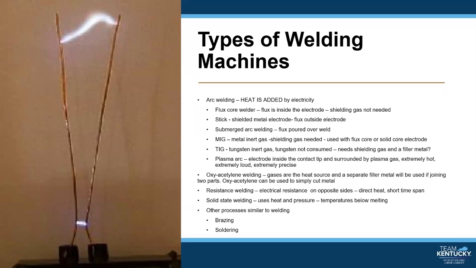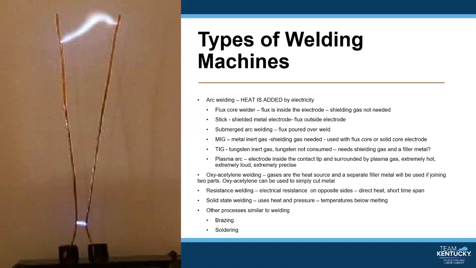There is no shielding gas, and it produces the most amount of welding fumes. Next, there's stick welding. In this process of stick welding, the flux is outside the electrode. There is no shielding gas, and it produces the second most amount of welding fumes.